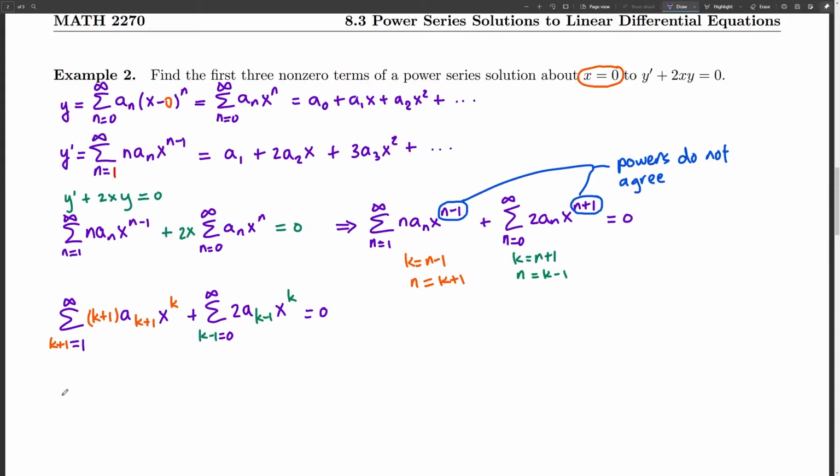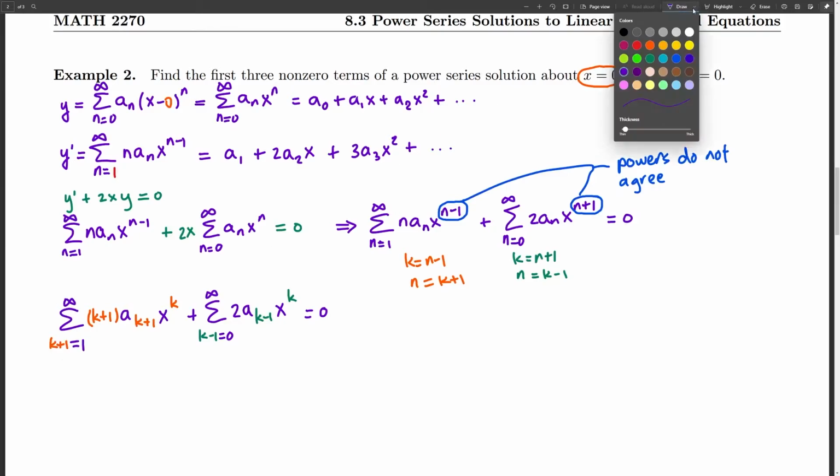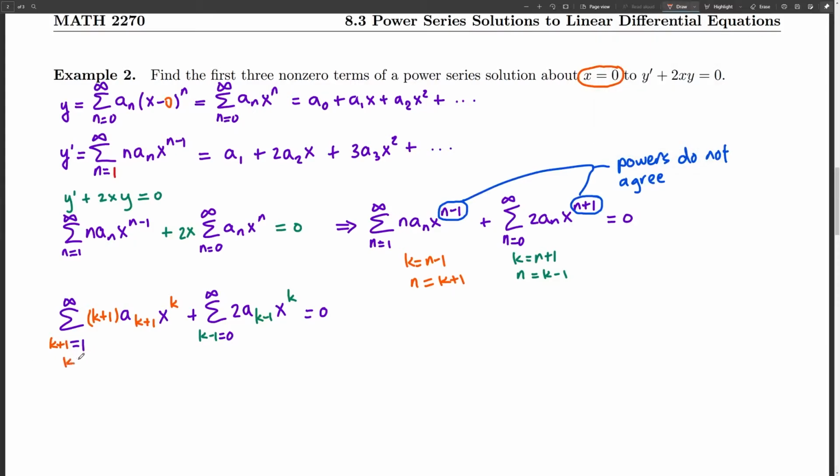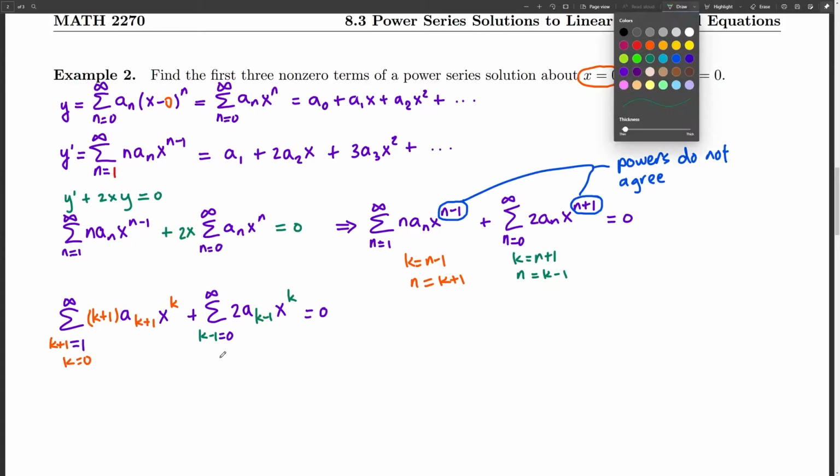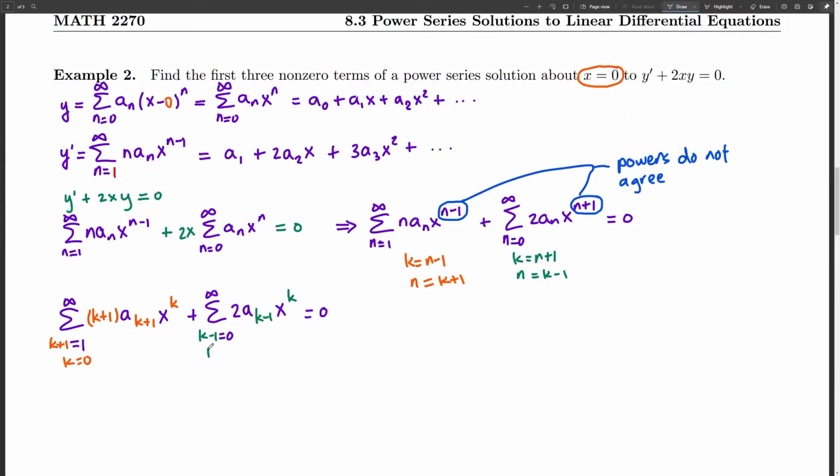Okay, so what we see is that this summation starts at k equals 0. Right? Subtract 1 from both sides. So we can simplify this to k equals 0. And the other one starts at k equals 1. So let's get the term with k equals 0.